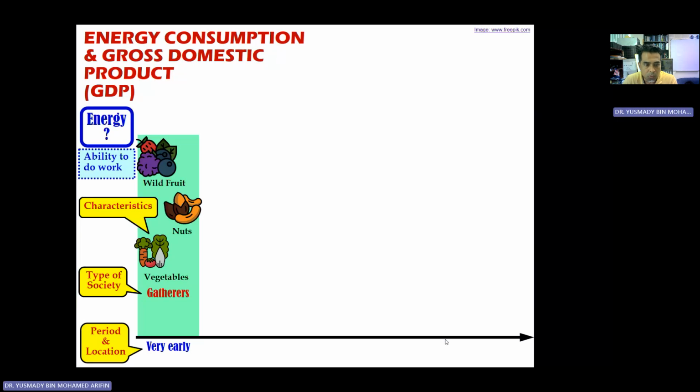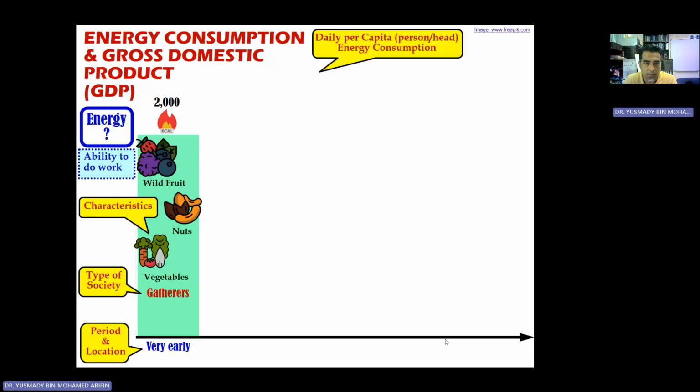If we convert this to energy consumed by the gatherer to collect vegetables, nuts, and wild fruit, it is estimated that around 2,000 kilocalories were involved during the activity.